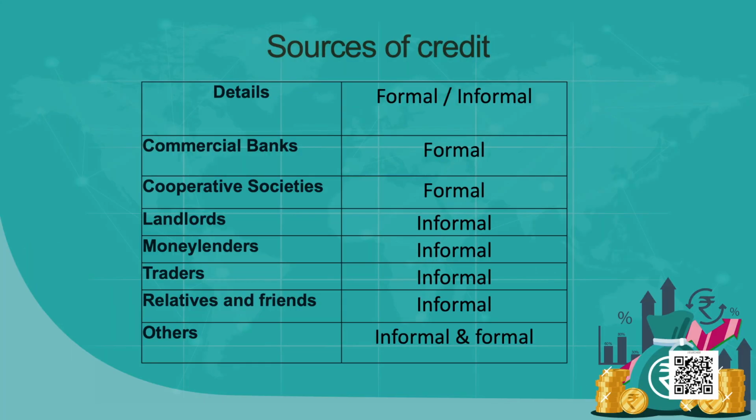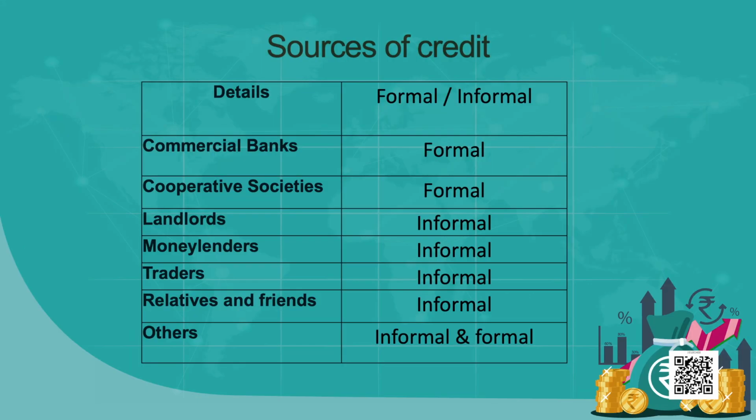The second source is cooperatives. Cooperatives are generally established by a group of people like an association, and they register themselves with the government under the Registration of Societies Act, and they mobilize funds and advance those funds to needy people.